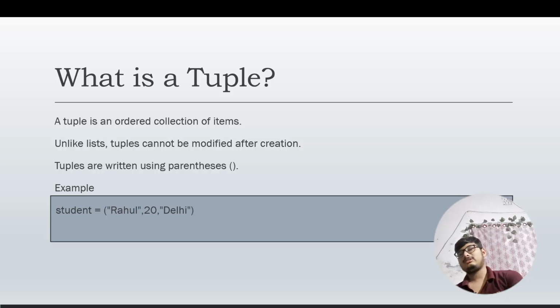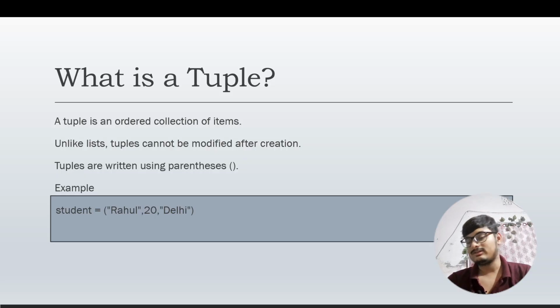The next slide is, what is a tuple? A tuple is an ordered collection of items. Ordered means that there is an order in which the items are stored. Unlike a list, a tuple is immutable.